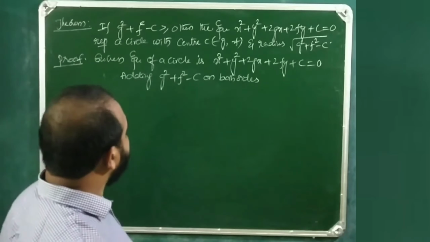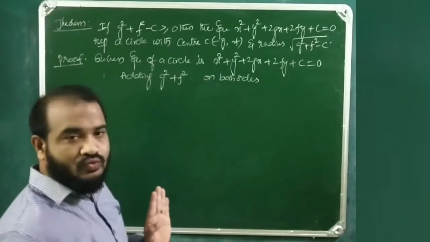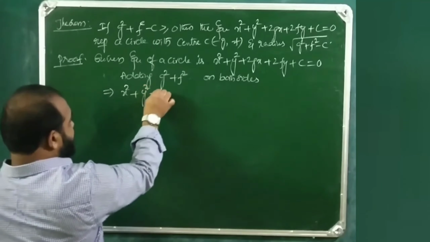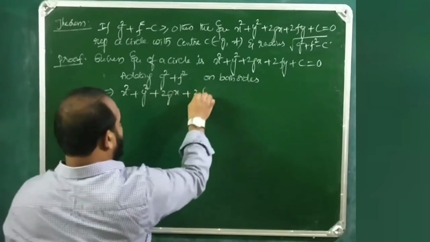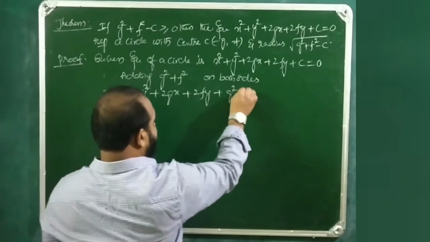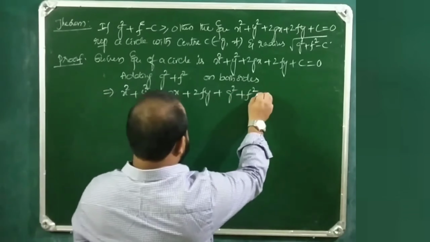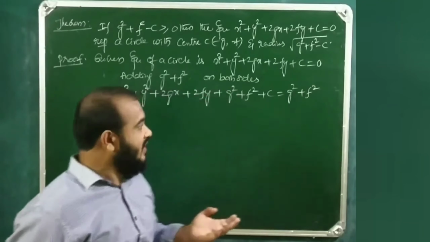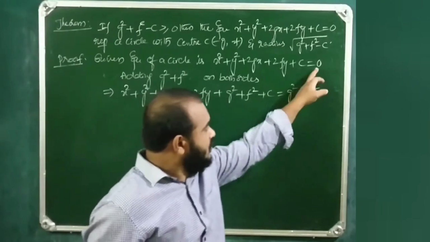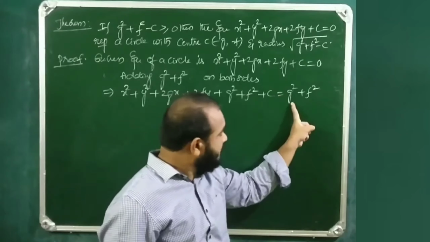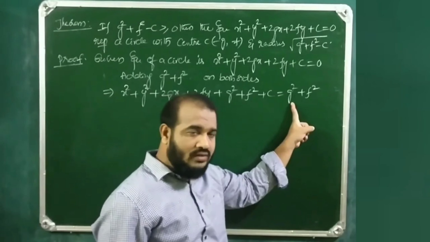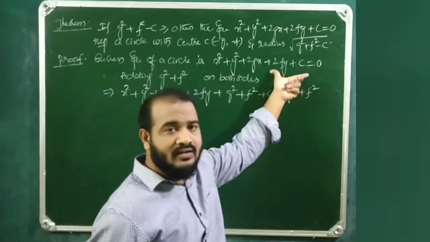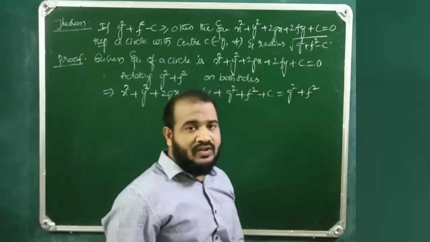Now, this is x square plus y square plus 2gx plus 2fy plus g square plus f square plus c equals g square plus f square. Without loss of generality, I have added the same g square plus f square on the LHS as well. Therefore, these two get cancelled, and we are left with again the same equation of the given circle.